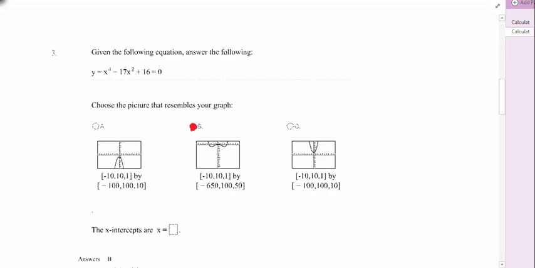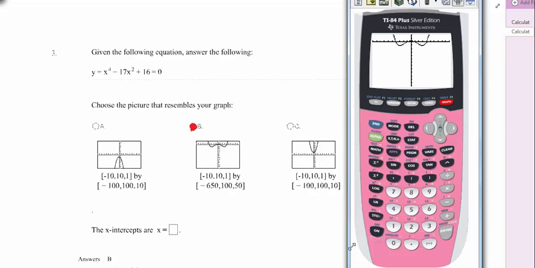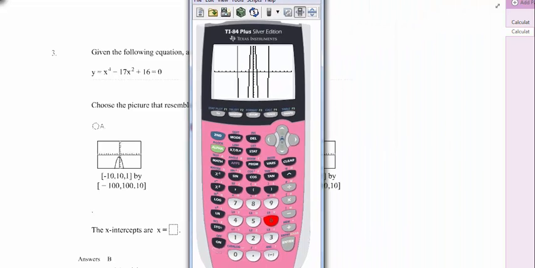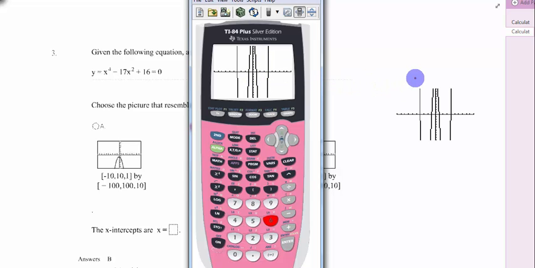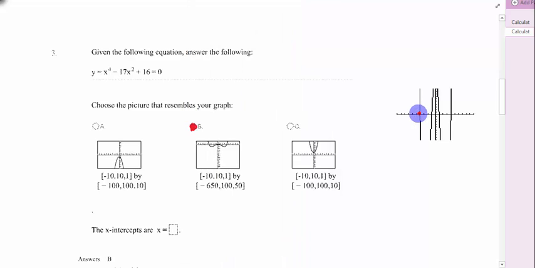All right. Now it wants the x-intercepts. So to see those better, I'm going to do a zoom, a zoom 6. Because all I really need to see are these points where it crosses the x-axis. So I need this point, this point, this one, and this one.